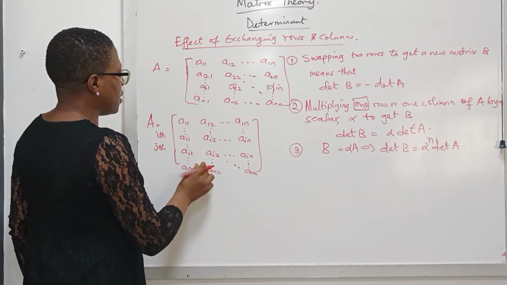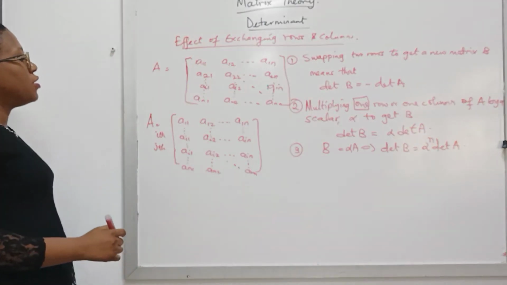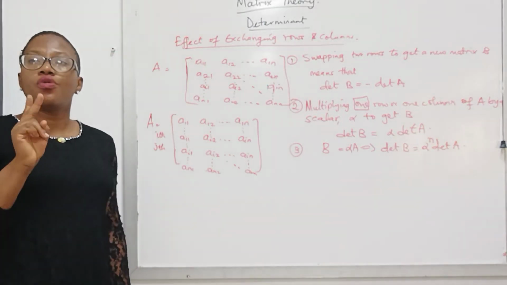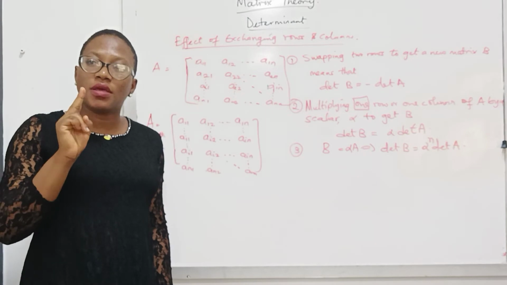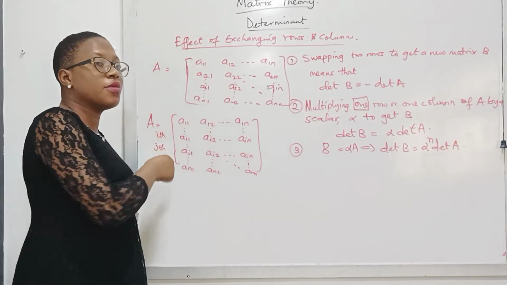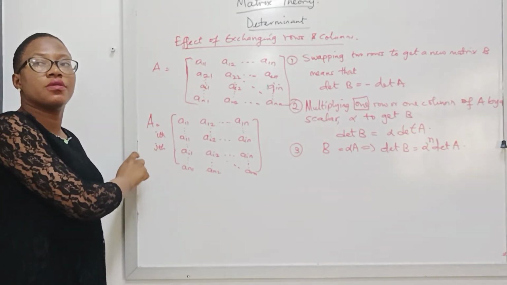Then what this means is that if I have two rows that are exactly the same in a matrix, then the determinant of this matrix is 0.